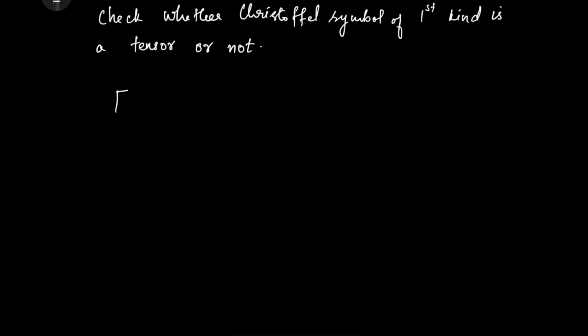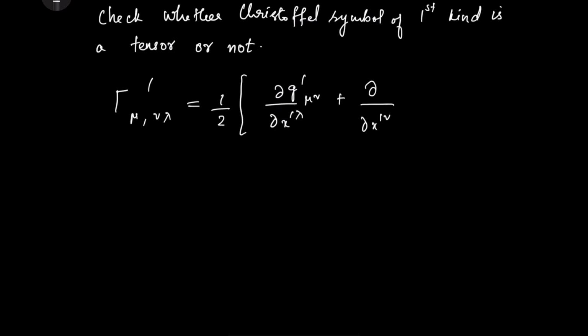Similarly, I write the Christoffel symbol of first kind, mu nu lambda. I have to write the transformation. Then by definition, this is equal to half partial derivative of x prime lambda g prime mu nu plus partial derivative of x prime mu g prime lambda mu minus partial derivative of g prime nu lambda with respect to x prime mu.